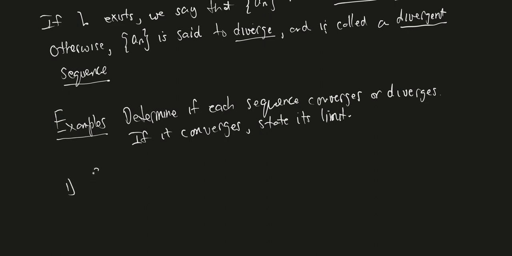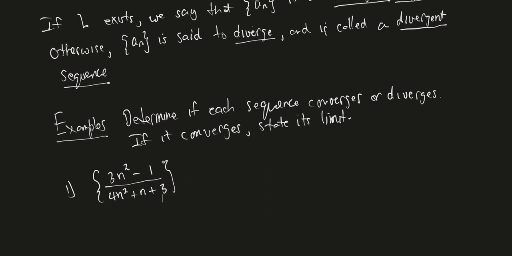So let's just take a look at a couple examples of this. The first sequence is 3n squared minus 1 over 4n squared plus n plus 3, right? And again, just to emphasize the fact that it doesn't matter what the starting value is. It doesn't matter whether this starts at 0 or at 1 or at 2.